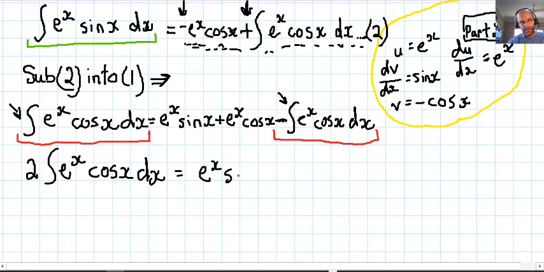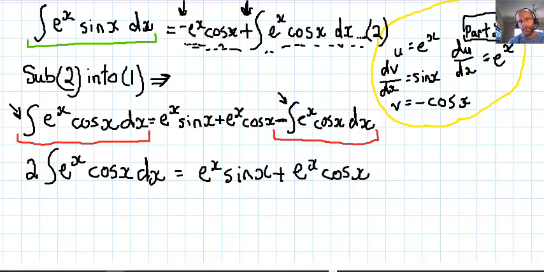So that leaves the e to the x sine x plus e to the x cos x remaining on the right hand side. Now plus a constant, I'm going to call that C1 because we're going to divide by 2 now. So this is what we want to find.